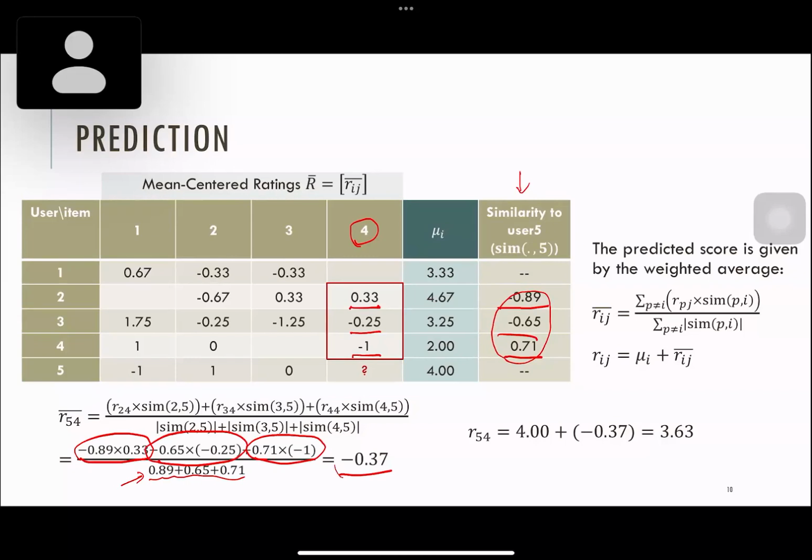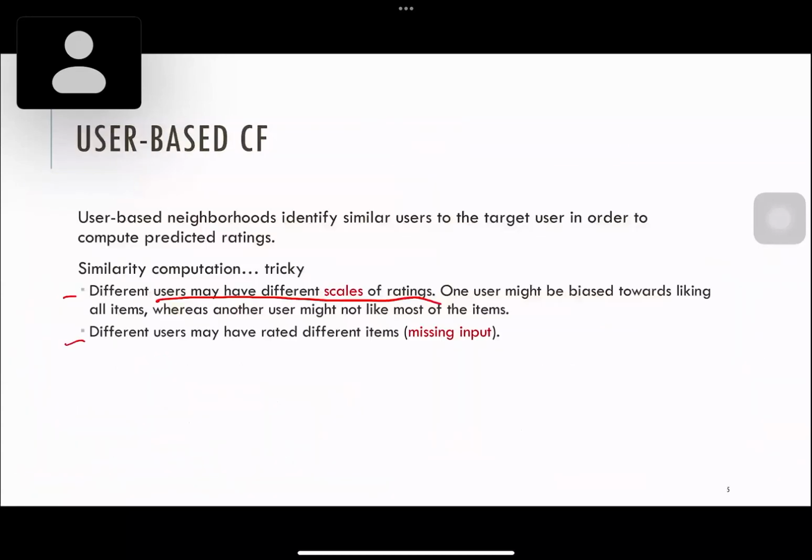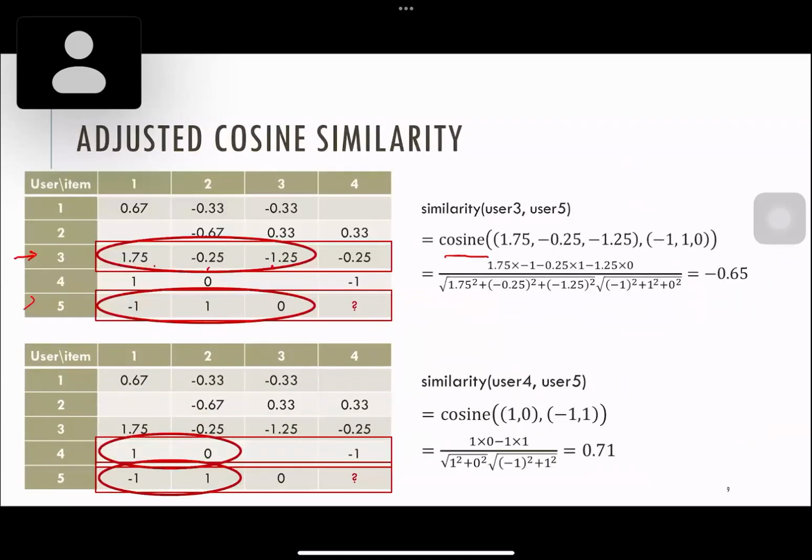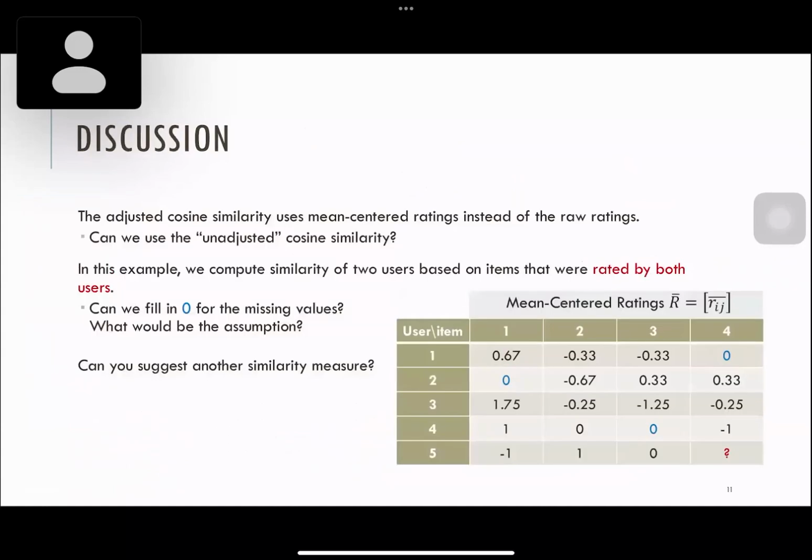So this value would be the predicted value for the mean center ratings for user 5 on item 4. And if we want to get the original rating, that is, if we want to recover the ratings here, we will need to add back the mean, because what we have just computed is the predicted mean center ratings.